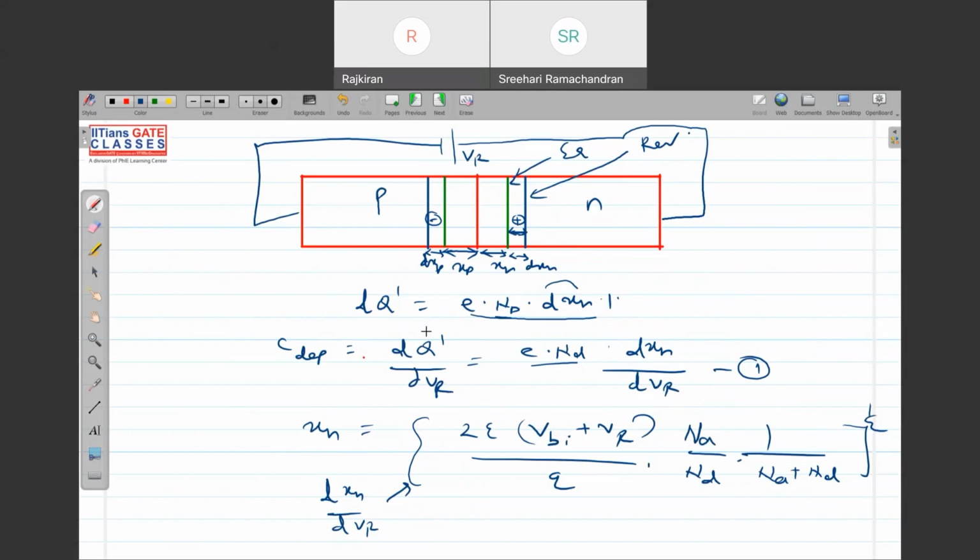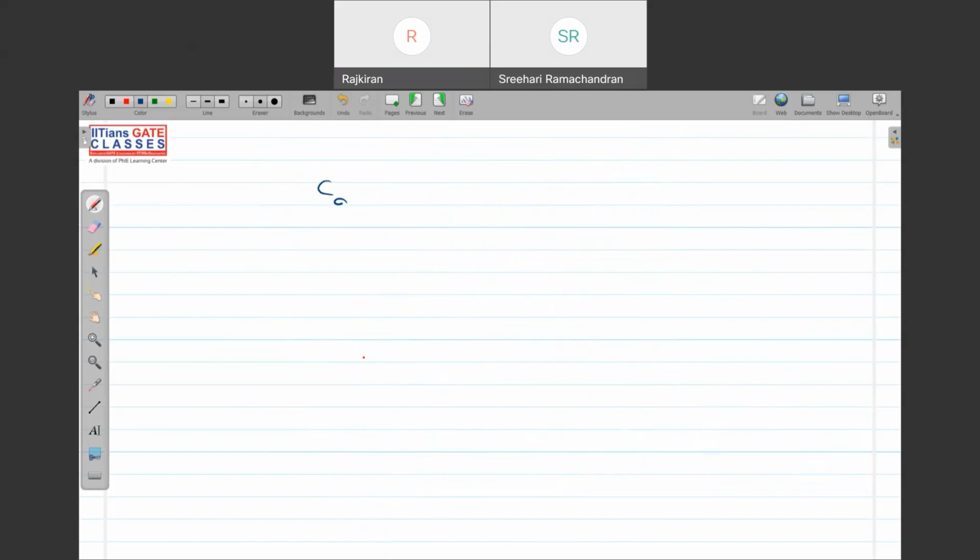The derivative you can do. Treat everything else as constant; the only thing to differentiate is this with respect to distance. So I'm just writing the final formula. C depletion will be equal to epsilon s by XD. You prove this at home.